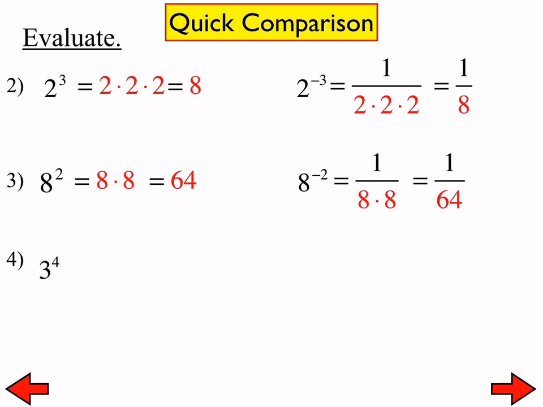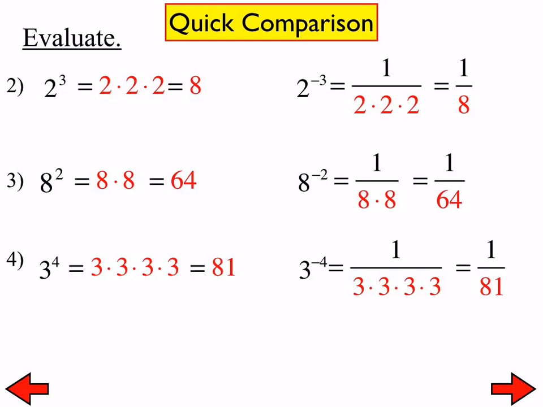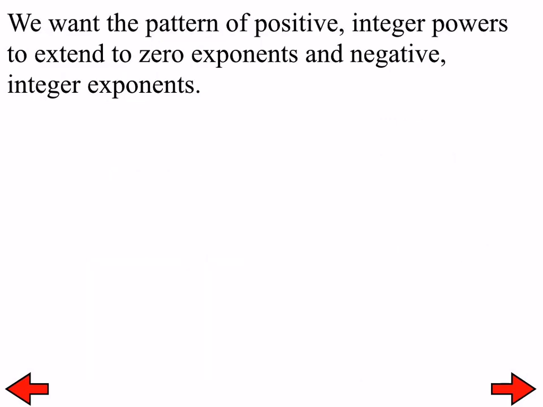Number 4, 3 to the 4th is 81. So 3 to the negative 4 power has to be 1 over 81. Number 5, 7 to the 2nd is 49. So 7 to the negative 2 power has to be 1 over 49. So we kind of got the basic idea of negative exponents. It does get a little more complicated, but we've got the basics down.